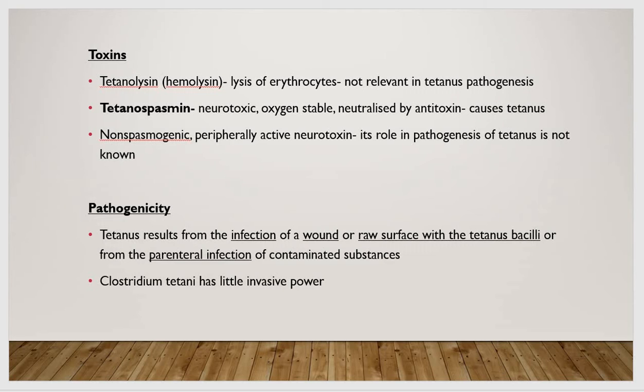This is the major toxin which is responsible for causing tetanus. Tetanospasmin is neurotoxic, oxygen stable, and is neutralized by antitoxin. Another toxin which is found in the body is a non-spasmogenic, peripherally active neurotoxin. It is present, but its role in pathogenesis of tetanus is not very well known.